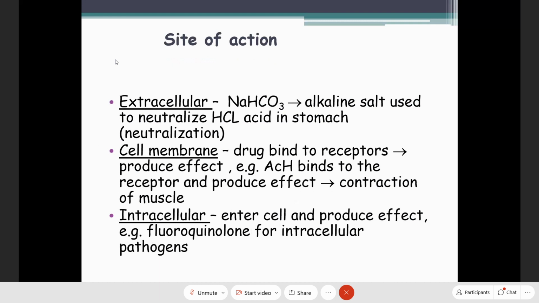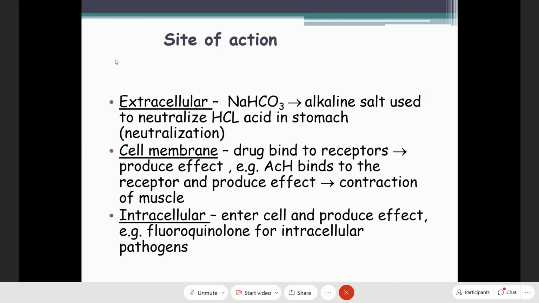Okay, site of action. It can be where the drug interacts in the body. It could be at the extracellular, at the cell membrane, or intracellular.